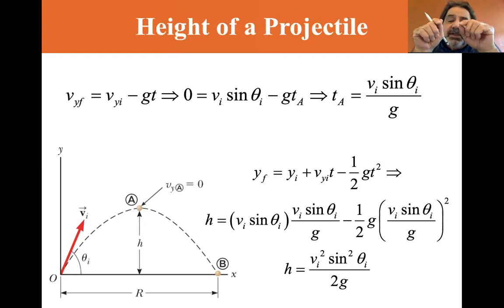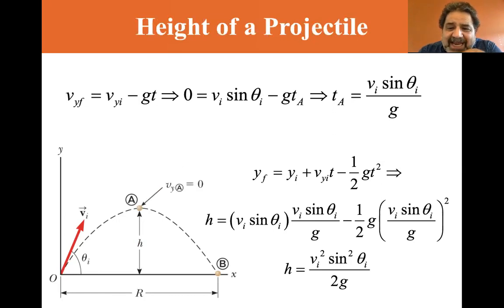Now we're going to substitute the TA that we got, Vi sine theta divided by G, into each place we see T in this other equation. Now you see that Yi is assumed to be zero here, so there is no component there. So H is equal to Vi sine theta times Vi sine theta over G. Now, where did that come from?